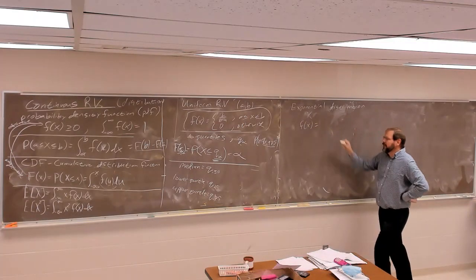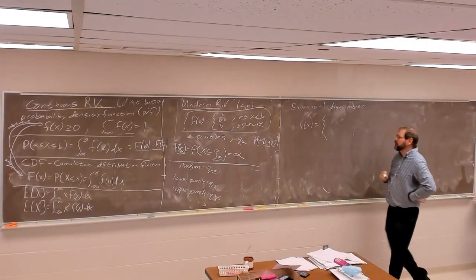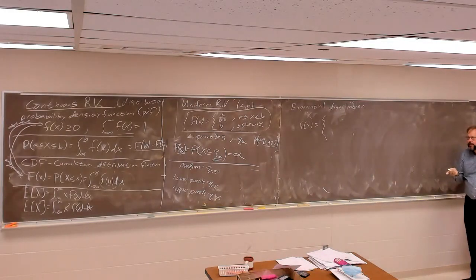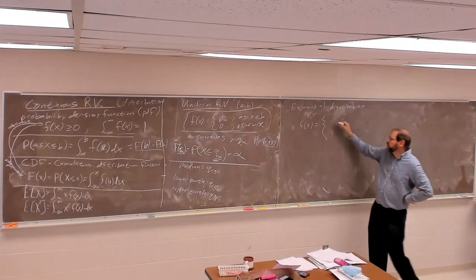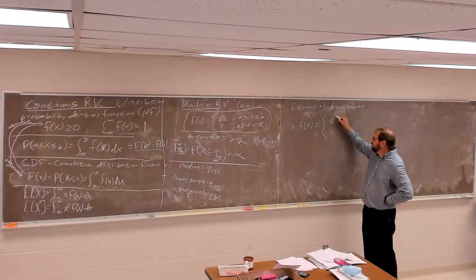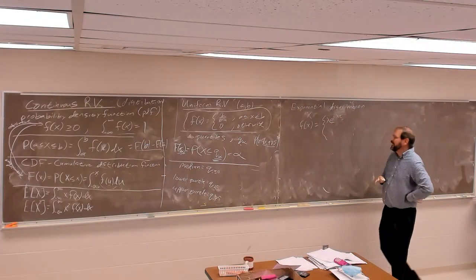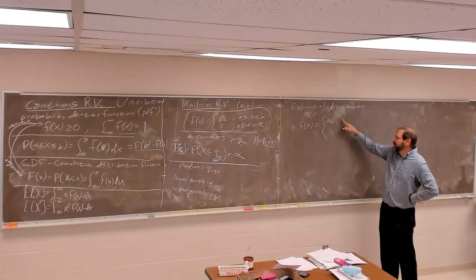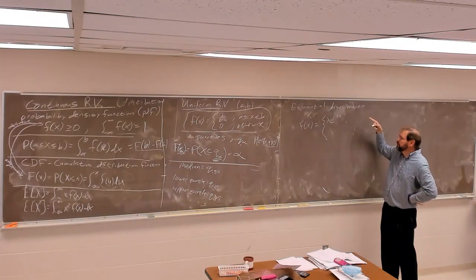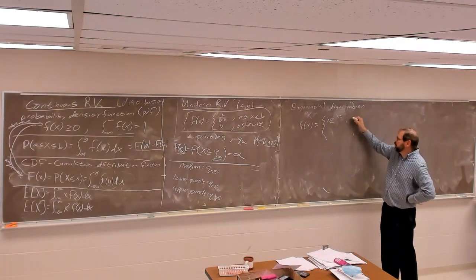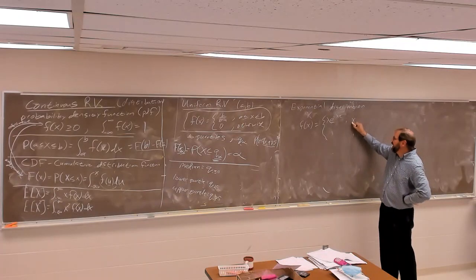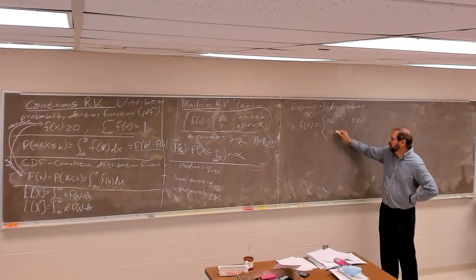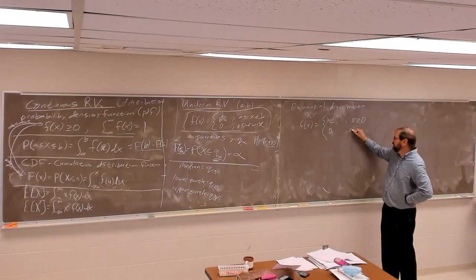It's going to be called an exponential random variable and exponential distribution because it's going to be tied with the exponential function. So here's a function that's going to be e to the negative lambda t, so I need a lambda out front. Lambda e to the negative lambda t is the value of my exponential distribution, my probability density function, when x is greater than or equal to 0, and it's 0 otherwise.